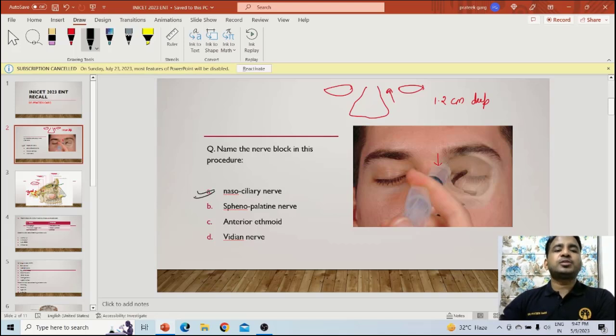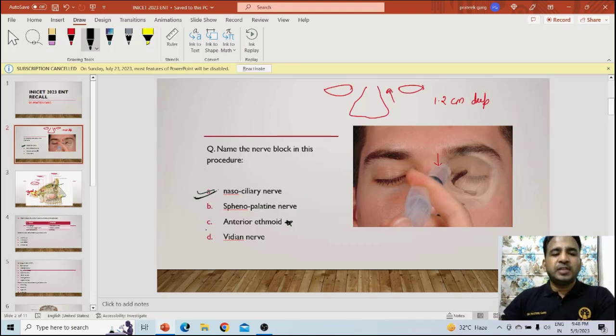If nasociliary nerve is not an option and other options are given, sphenopalatine, anterior ethmoidal, Vidian, and posterior ethmoidal, then the correct answer is anterior ethmoidal. But since to anesthetize this portion we inject the anesthetic drug to anesthetize the nasociliary nerve, which further gives branches like posterior ethmoidal and anterior ethmoidal nerve, the more correct answer, which I feel, is nasociliary nerve.